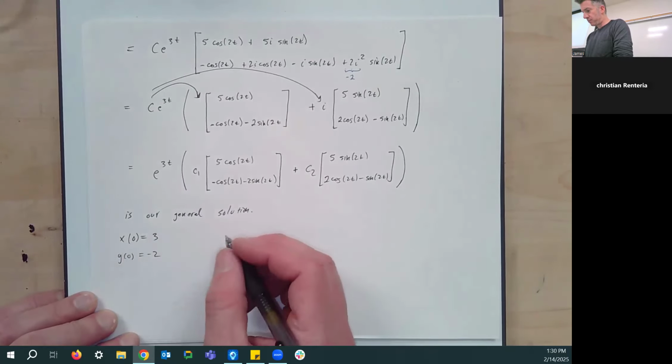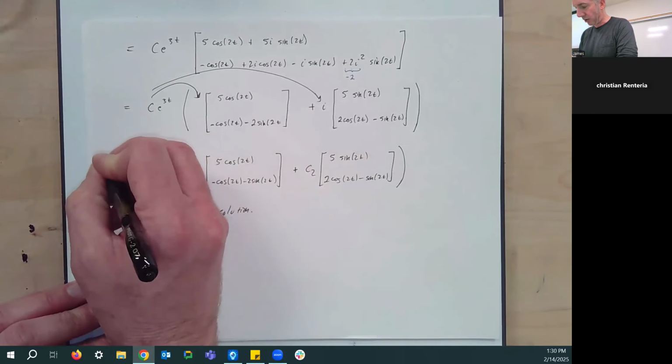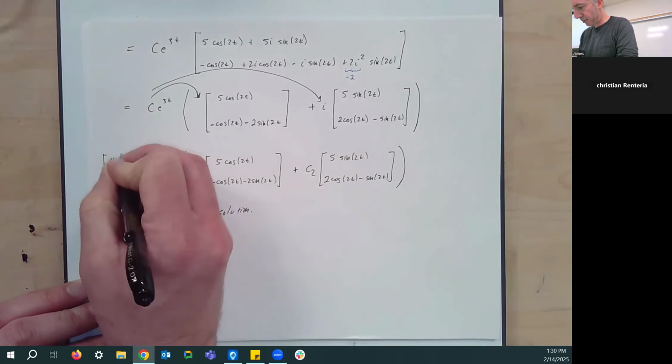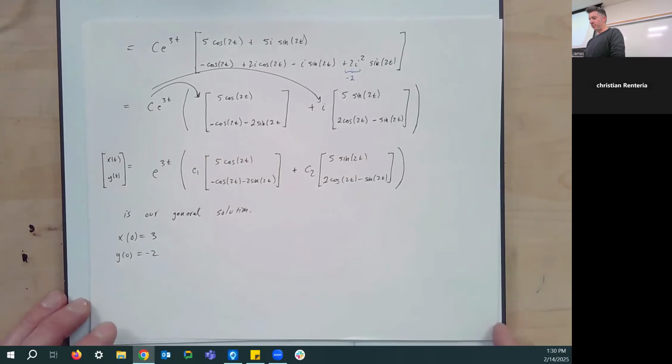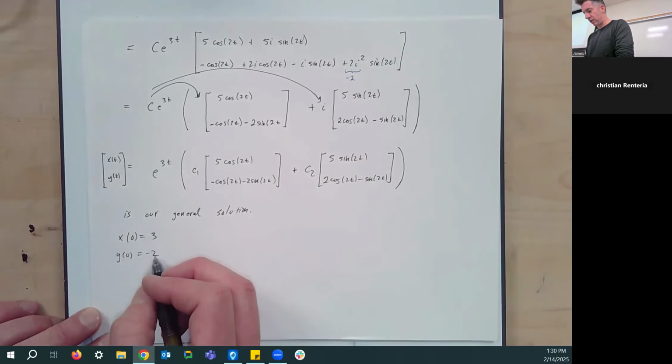Okay, so this is our general solution here. I'm going to write over here, this is our x of t, y of t. We'll find our particular solution and then come back and talk about how this might look. So plugging in 0 for t and 3 for x and -2 for y.